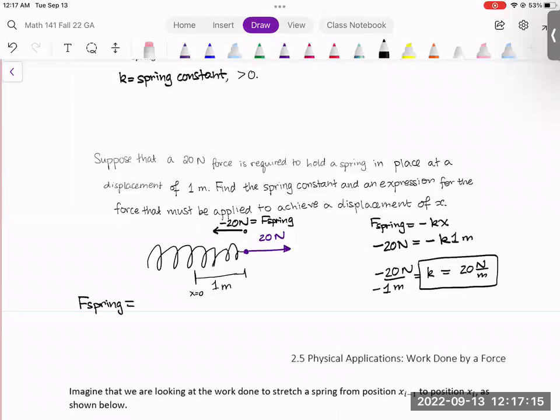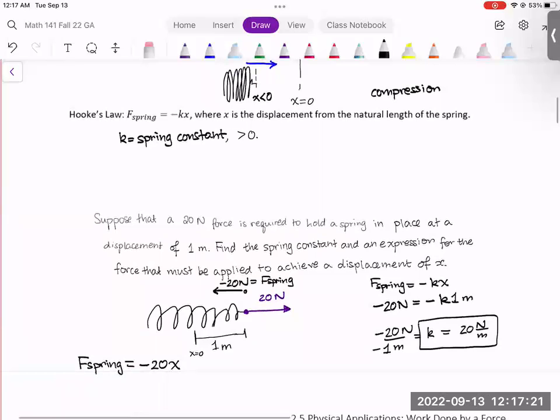It's going to be negative 20 x. So it's negative the spring constant times this displacement x. Notice that it's a little bit confusing when we just write f, so we're going to write F of x because it depends on our displacement.